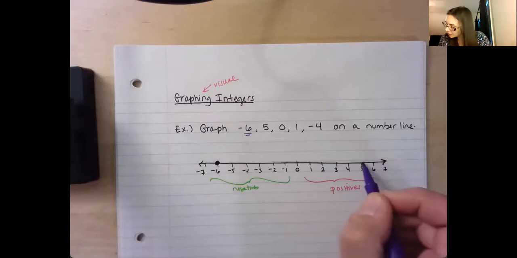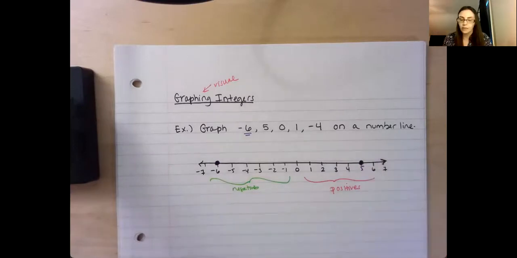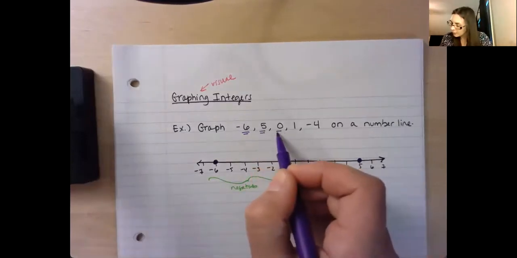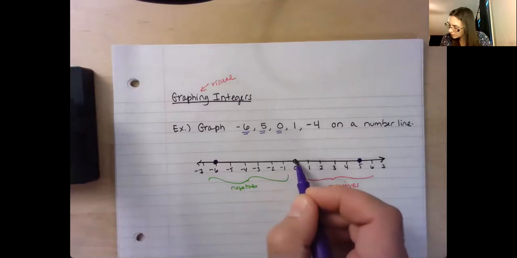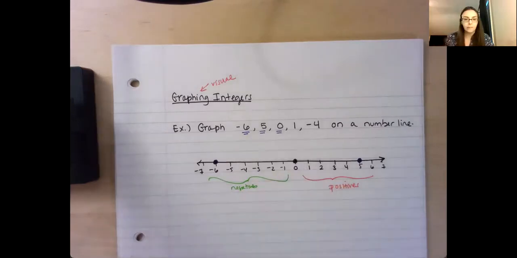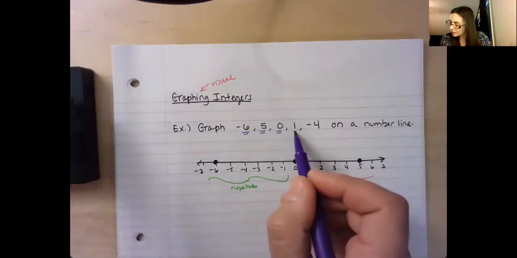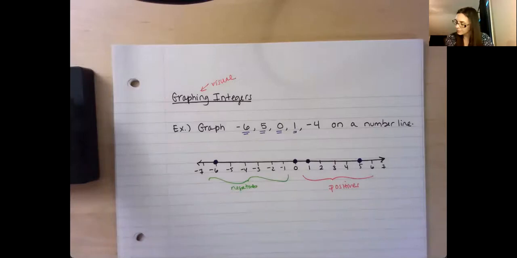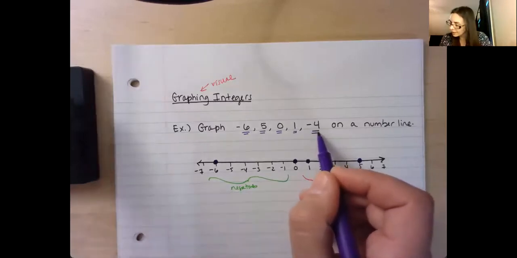I see 5, and I just fill in a circle or a dot all colored in on that 5. Now 0 is right in the middle in this case, so I'm just going to put a point right on that 0. I have +1, which is right here. And then I also finally have -4.